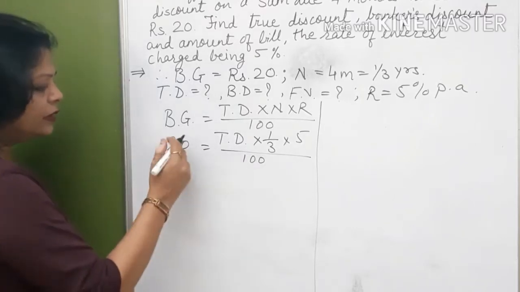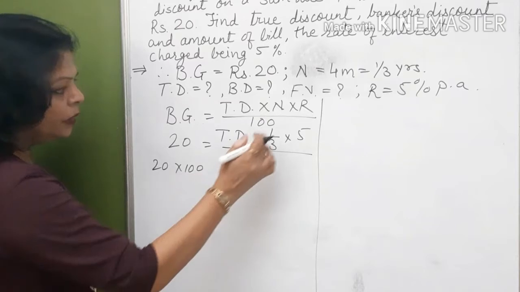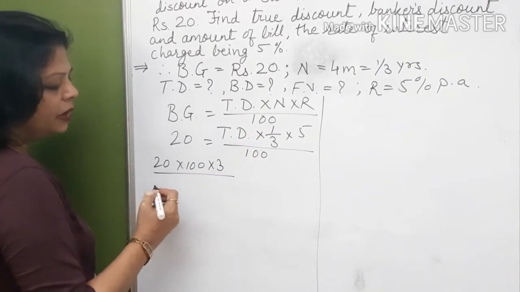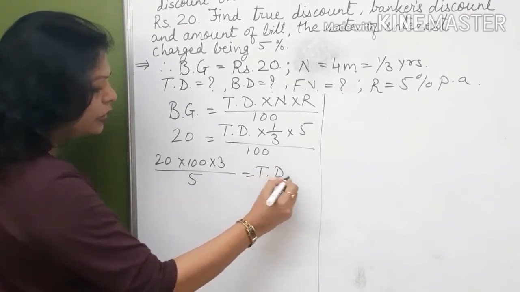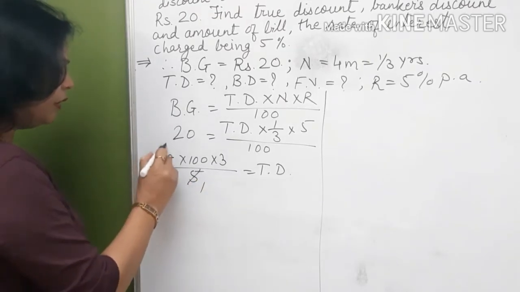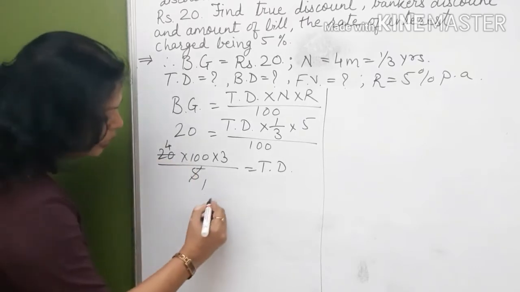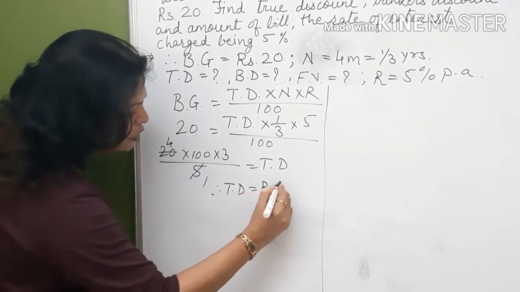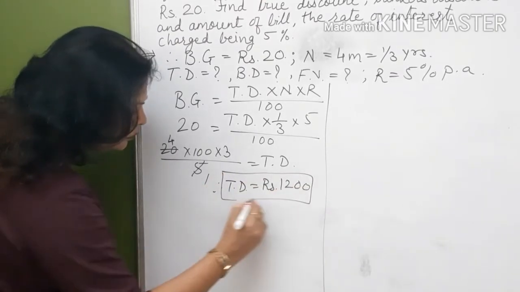So take this side: 20 into 100, and this 1/3 also will come, 3 will come in the numerator upon 5 is your true discount. So 5 ones are 5, 5 fours are 20. So 4 threes are 12 into 100. So true discount is equal to rupees 1200. This first answer we have got.